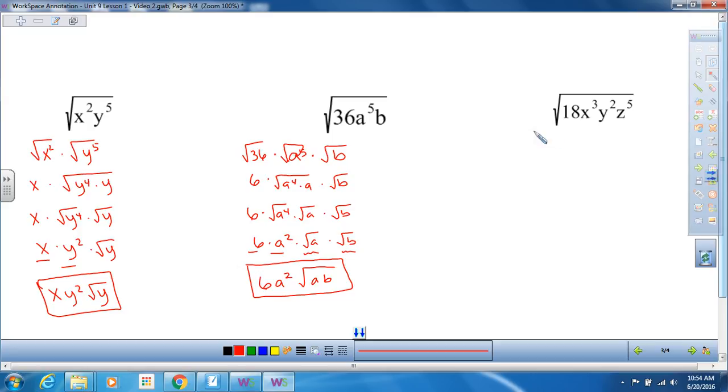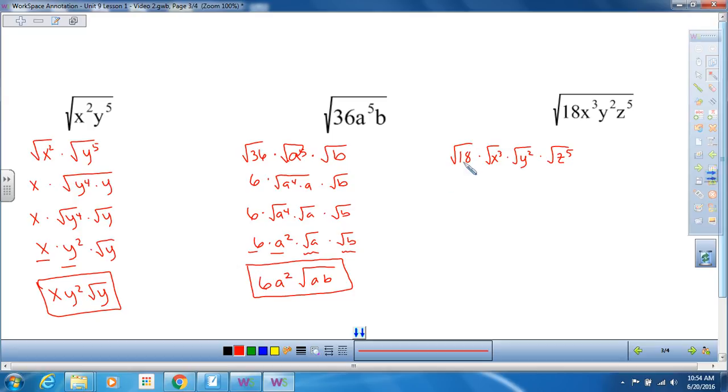Okay, this one, you have 4 bases, so square root of 18 times square root of x cubed times square root of y squared times the square root of z to the 5th. Okay, square root of 18. 18 is not in your perfect square list. So remember that list, the 1, 4, 9, 16, 25, so on.